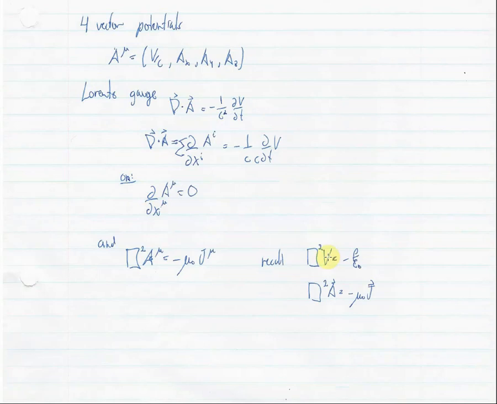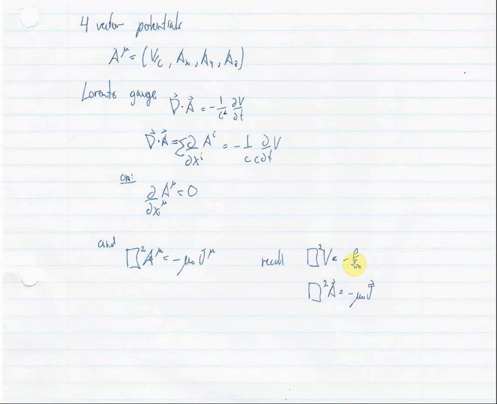And also remember from before how we had that the D'Alembertian of the scalar potential is equal to negative rho over epsilon naught, and the D'Alembertian of the vector potential is negative mu naught J, and so the vector potential is dependent on the current density and the scalar potential is dependent on the charge density.